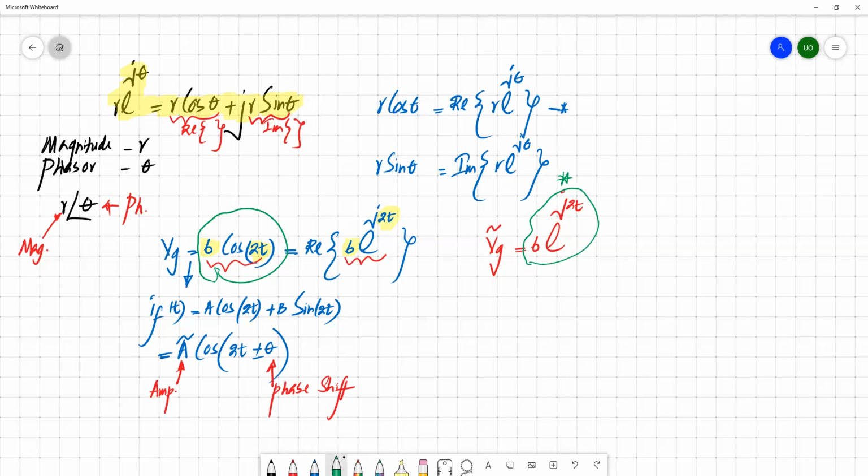So now we have an inductor and a resistor and a source. Same circuit, but instead of the sinusoidal excitation, we have a source of 6e to the power j2t.